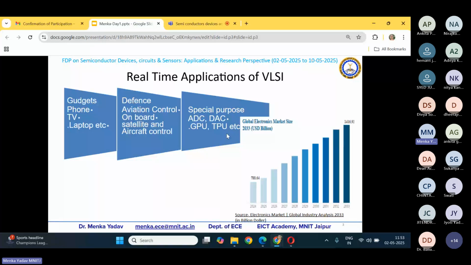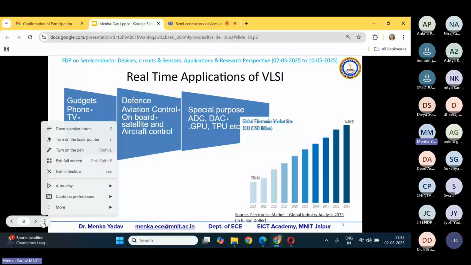These applications are costing us more, and these applications are contributing the real market size of the VLSI industry. This is the projected worldwide industry, which is shown over here in this diagram at the bottom.